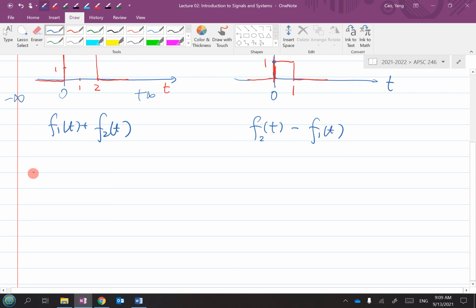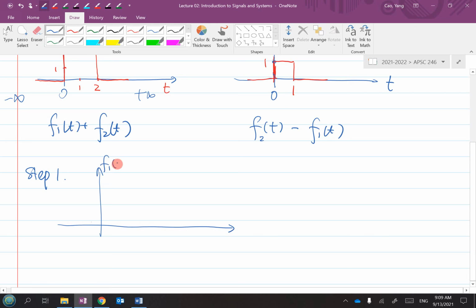When you do this kind of function adding or subtracting from each other graphically, the first step is you sketch both graphs in the same coordinate system, or in the same time history graph. So essentially, you draw a new function and time axis, so that you can label.